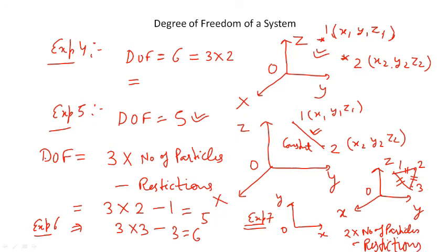So suppose there are two particles in a two-dimensional space, and the distance between the particles is constant. Then the degree of freedom in this case will be 2 into 2 minus 1, so it will be 3.